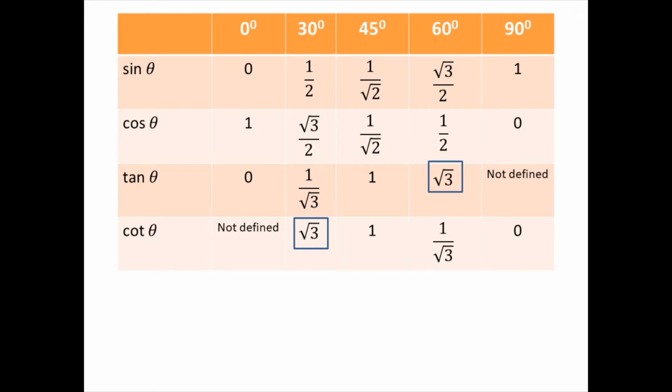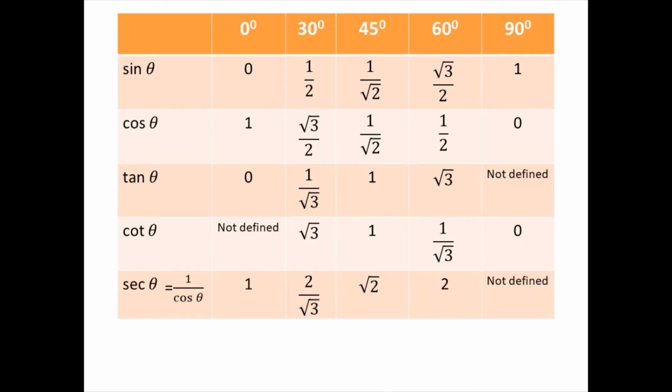So after not defined, cot 30 becomes root 3, and 45 is 1, and 60 is 1 by root 3, and 90 is 0. Okay, so cos is the reverse of the sine, and cot is the reverse of the tan.